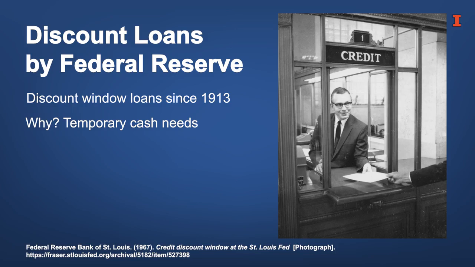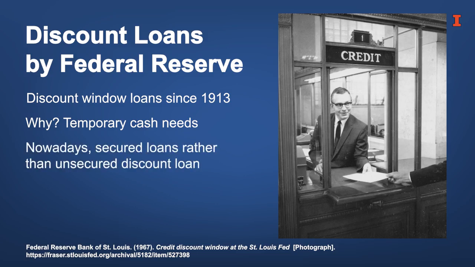Discount loans were provided at a special window at each of the regional reserve banks called the discount window, hence the name discount window lending. Nowadays, the Fed provides short-term cash loans secured by eligible collateral. These are secured discount loans. However, the term discount window stuck. It is still used when the Federal Reserve lends directly to banks.